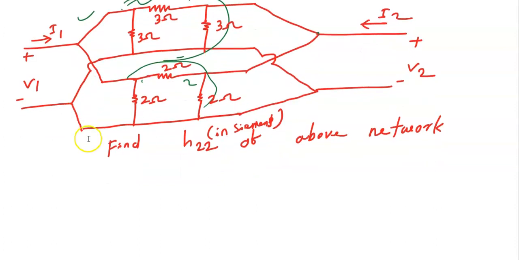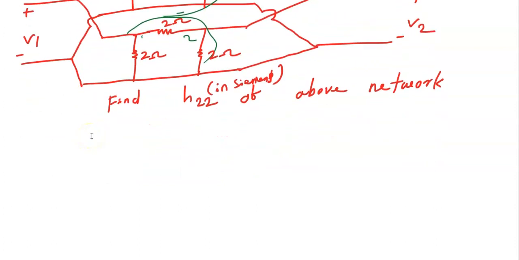So before going to the Y parameters, let's see how H22 is defined. H22 from the H parameters model is I2 upon V2 when I1 equals 0, right?